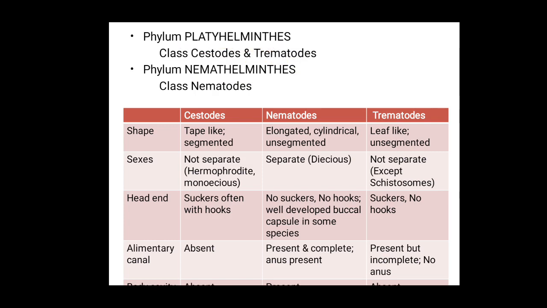Platyhelminthes are those which are flat. Platy is for flat. Platyhelminthes, where the class cestodes and trematodes are there. And you have the nematodes class, where the worms have a body cavity, they are cylindrical.